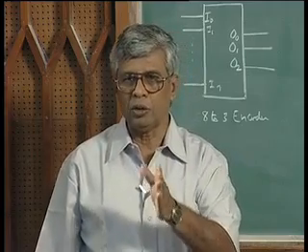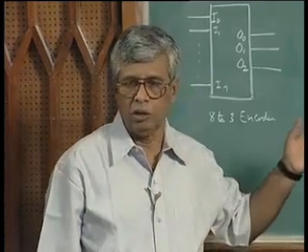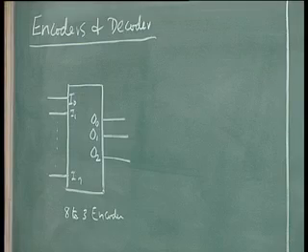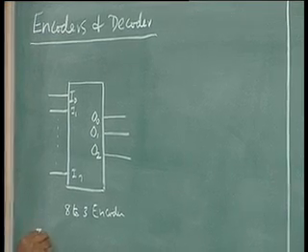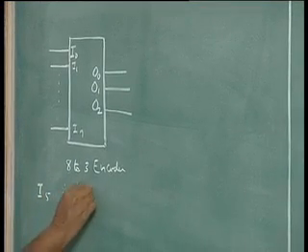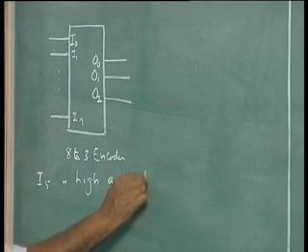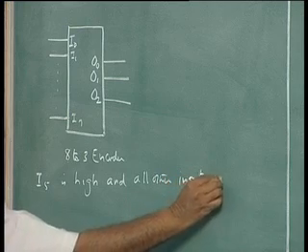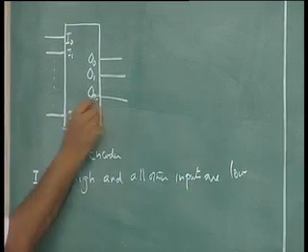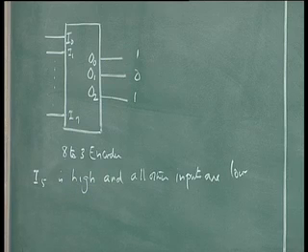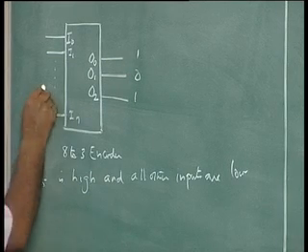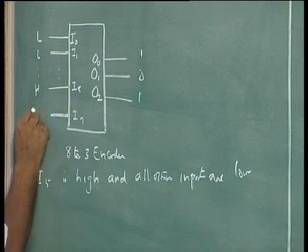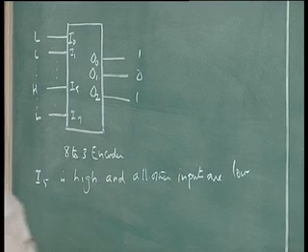We will not talk about that, I am just going to tell you about this type of MSI which is available. So, for example, if I5 is high and all other inputs are low, the output would be 101, right. So, this process is called encoding.